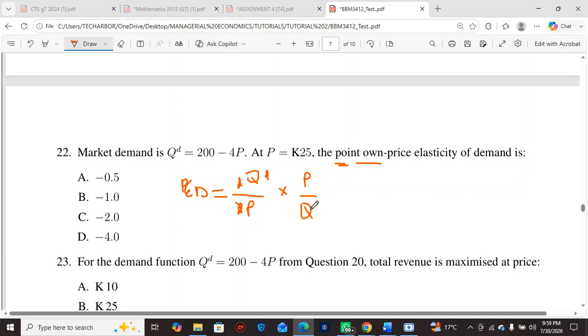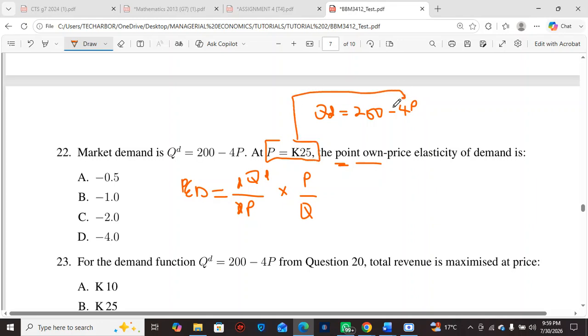So first things first, let's find our Q. We've been told QD equals 200 minus 4P. You substitute when P equals 25.